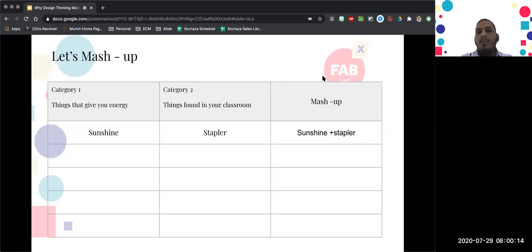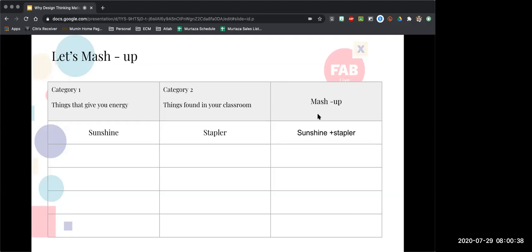So since you picked up problem 2, how would you come up with a solution with your source of energy is people and things which is around you is books? How can you come up with a solution for your problem about making meetings more engaging? So think of something like that, and that's the activity for this part.